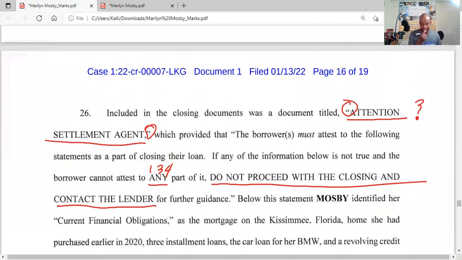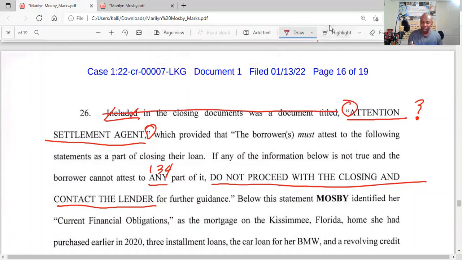Okay, let's look at this right here. Now, it says included, actually this would be, you got a double negative 1 word, so we don't even have to read anything else. This whole entire thing is void. But let me put this back so I can make my point, what I was trying to make here.